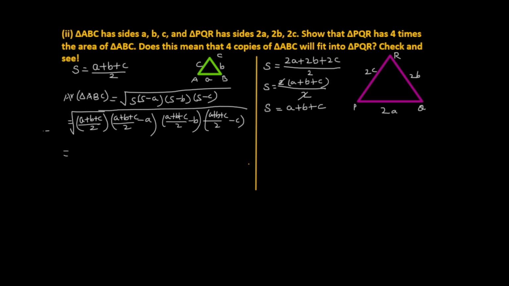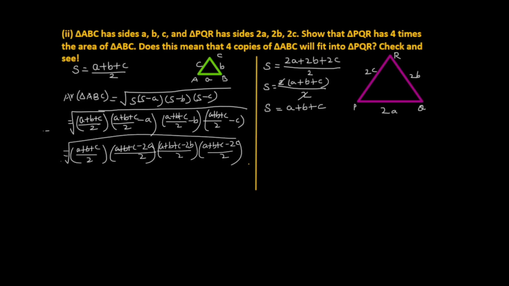Now for calculating A plus B plus C by 2 into, take LCM, A plus B plus C minus 2A by 2, then A plus B plus C minus 2B by 2, then A plus B plus C minus 2C by 2. Now in first bracket no change, A plus B plus C by 2.